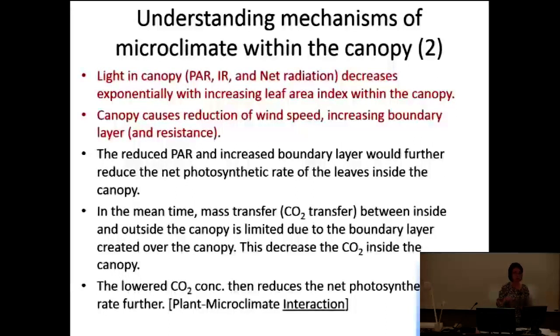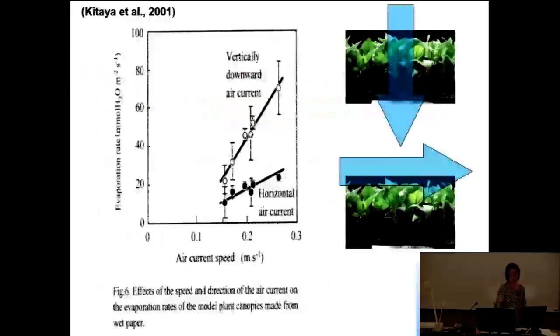Okay? So inside the canopy is really not the optimized condition, right? That's why, remember this slide, air movement going through the canopy versus just horizontal over the canopy. The plant response, or canopy response, is very different.